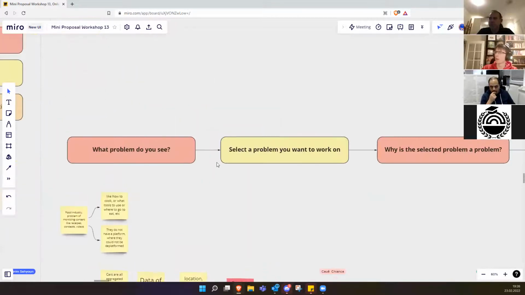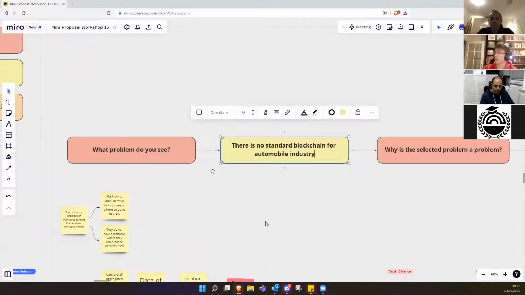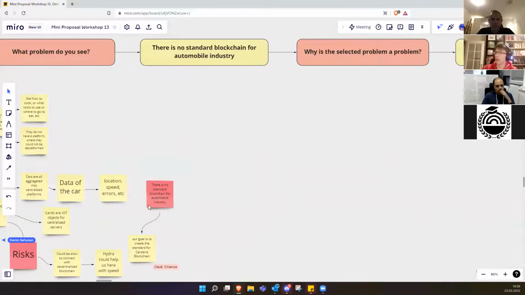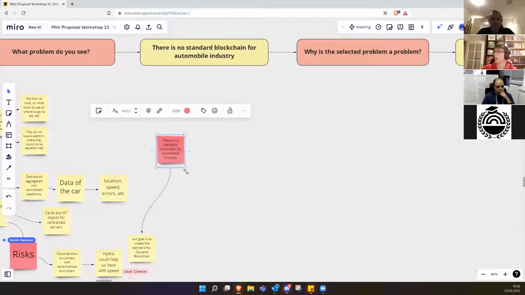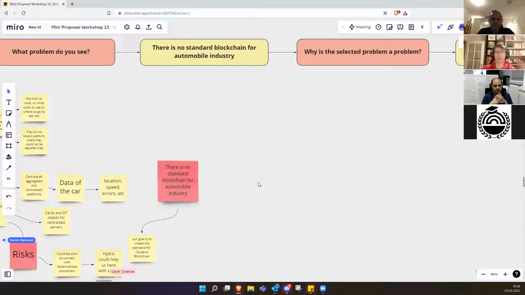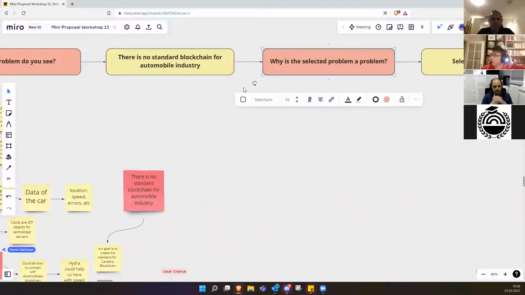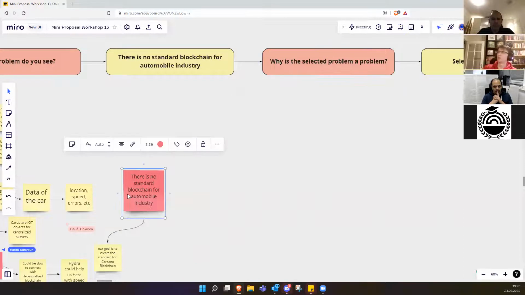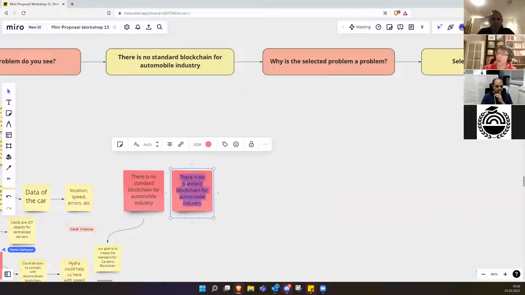Okay. This is the one we selected then. And now the first step is the root cause analysis. So what we do with this problem is, now we ask, why is it a selected problem? Why is it the problem? You kind of elaborated before, but maybe we get some more.